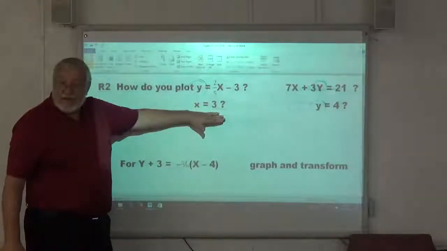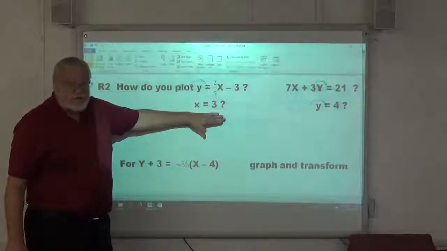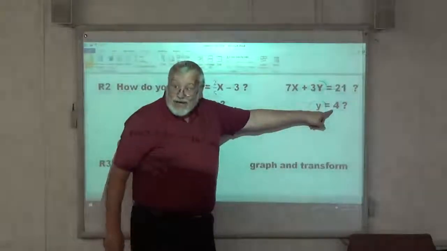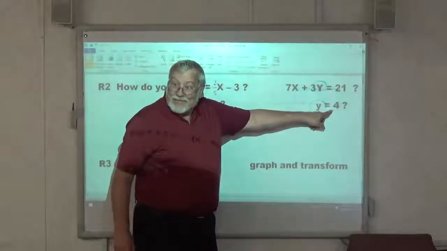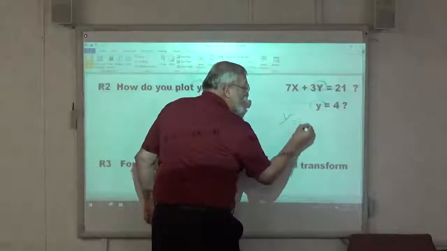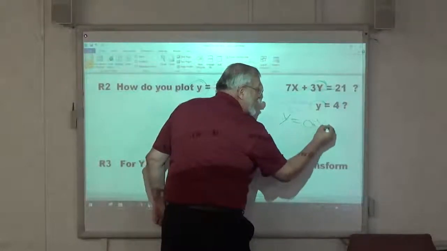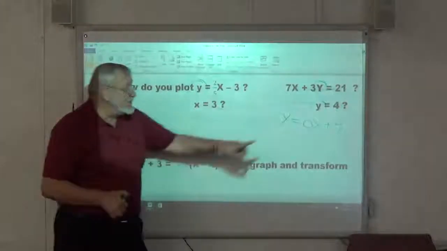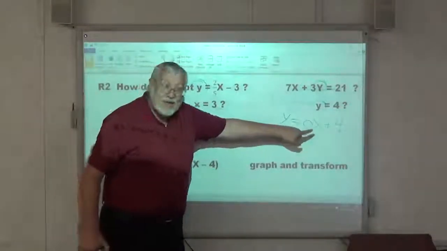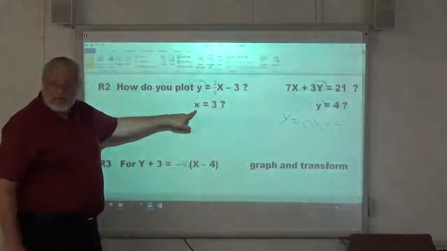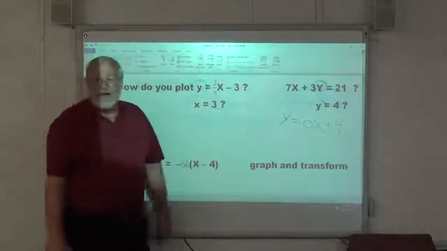What do you notice about this? There's no y, is there? Yeah. Right now, I know what happened to the y here. Right? This says y equals 0x plus 4. The slope is 0. And so the x disappeared. All right? I don't have y equals anything here, so I don't have a linear equation.